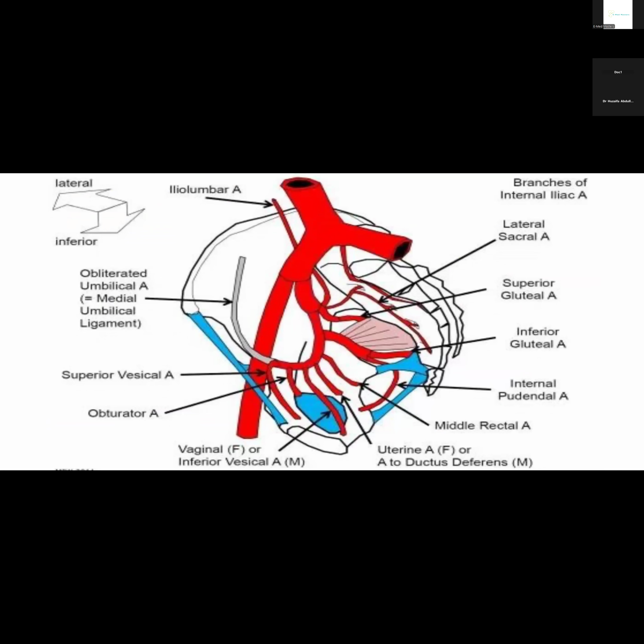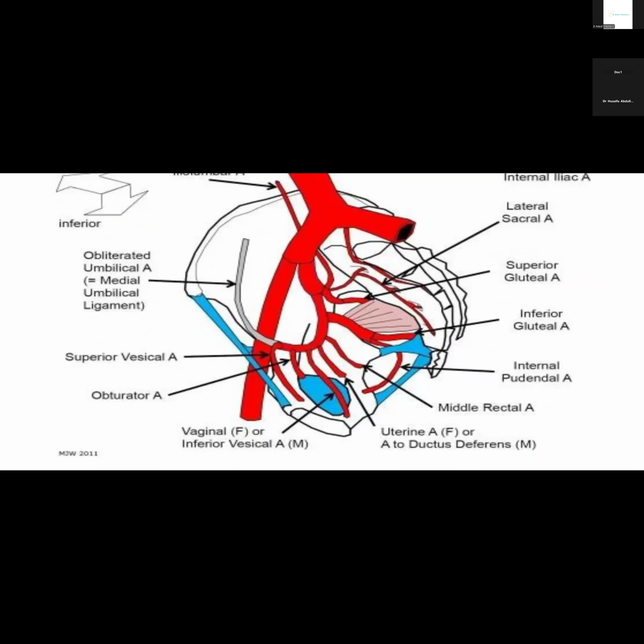Posterior is giving the iliolumbar artery, and then the anterior division is giving the umbilical artery, that is giving the superior vesical artery, obturator artery, middle rectal artery, uterine artery, artery to the vas deferens, and inferior gluteal artery. The internal pudendal artery is the main branch to the structures of the perineum.